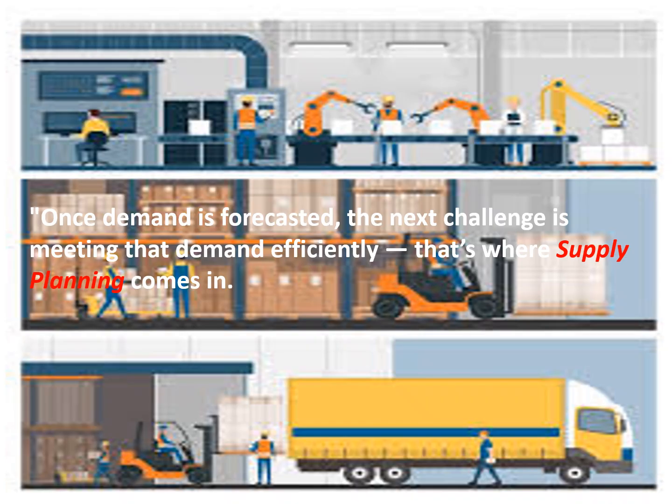After defining and explaining demand planning, let's now find out what is supply planning. Once demand is forecasted, the next challenge is meeting that demand efficiently. That is where supply planning comes in.